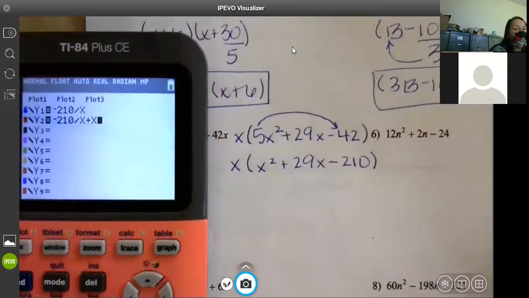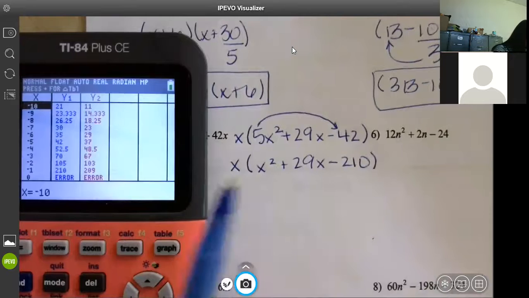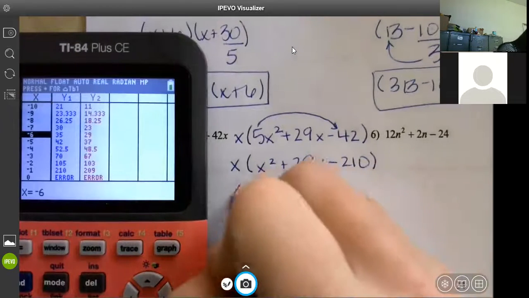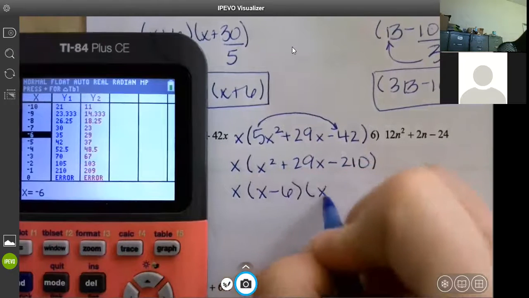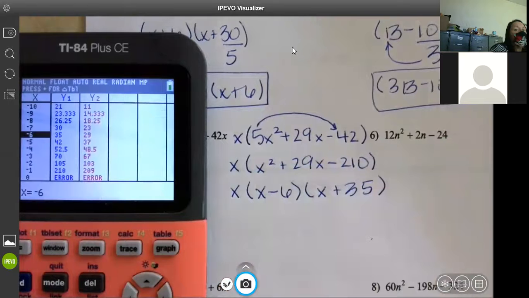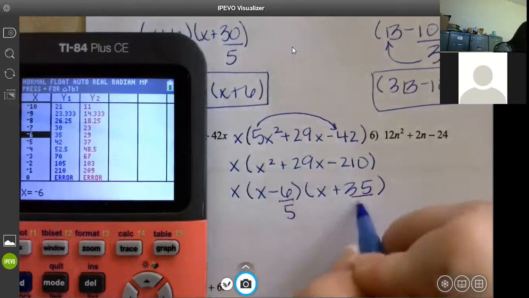Okay, so negative 210 divide x plus x in the bottom. They need to add to 29. They're right there, negative 6 and 35. So leave that x. I got a negative 6 and a positive 35. Do not forget to divide.